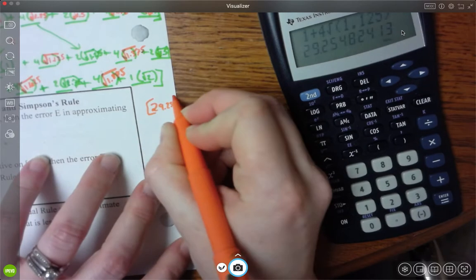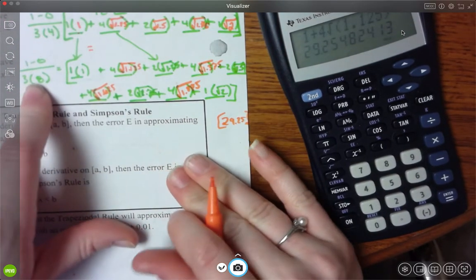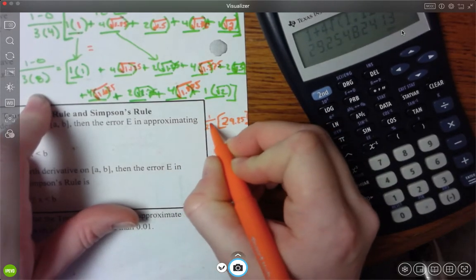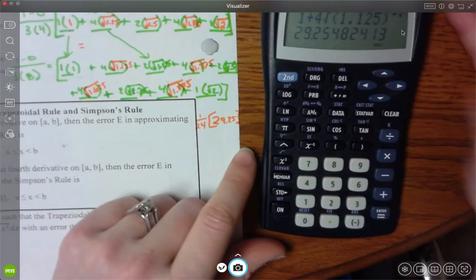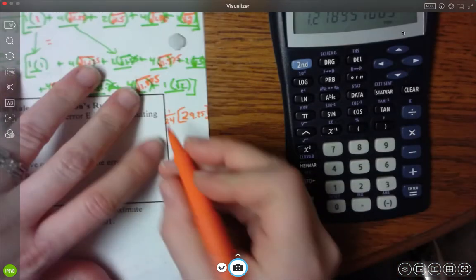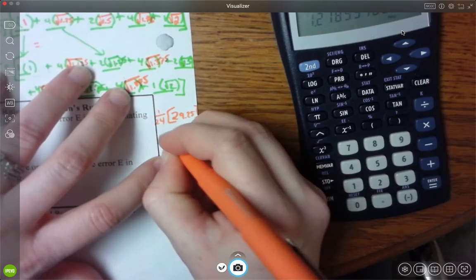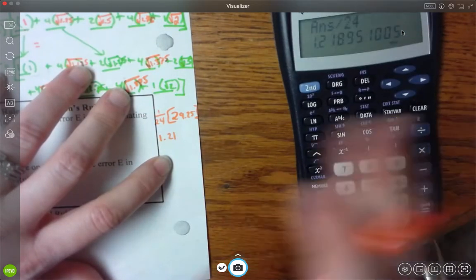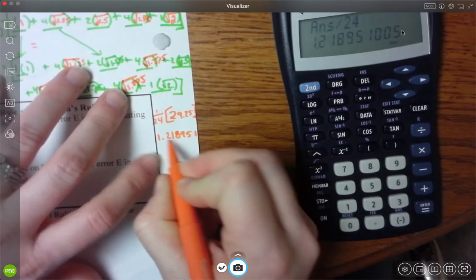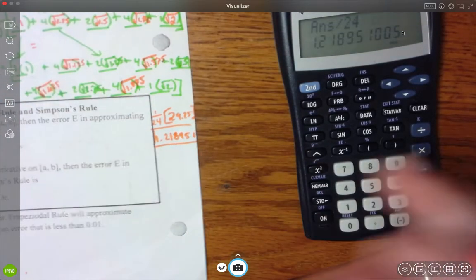But then we have to make sure that we take that times the number out in front, which will be 1 over 24, or taking that 29 and dividing by 24. And you get 1.21895.